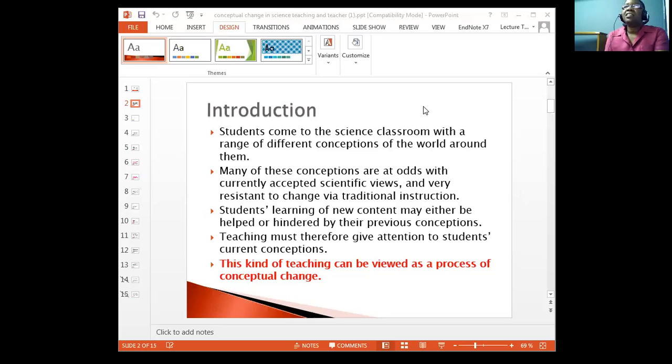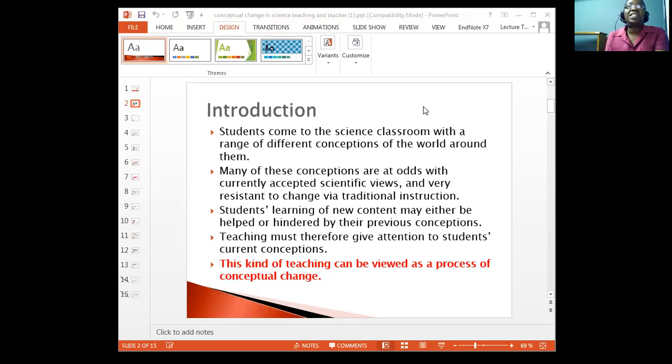In the past, there was a theory that students come to the classroom as blank slates, but anybody who has been a student or has had interaction with students knows that students are very opinionated about almost everything, even whether they have a lot of knowledge about it or not.